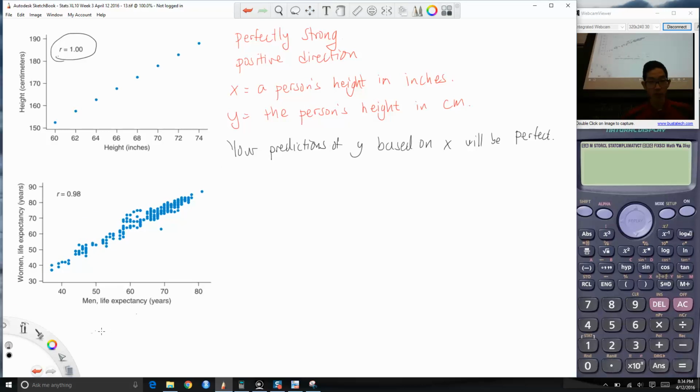Here we're looking at different countries. Our correlation is 0.98, so we see a very strong relationship here. And what we're looking at is the life expectancy for men and the life expectancy for women.